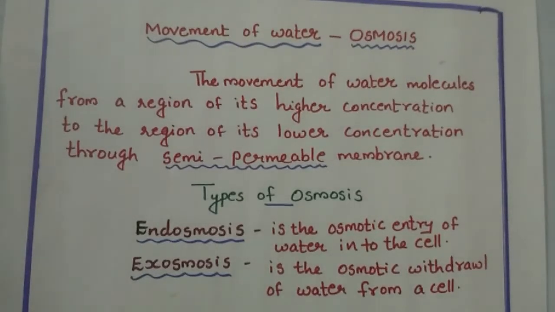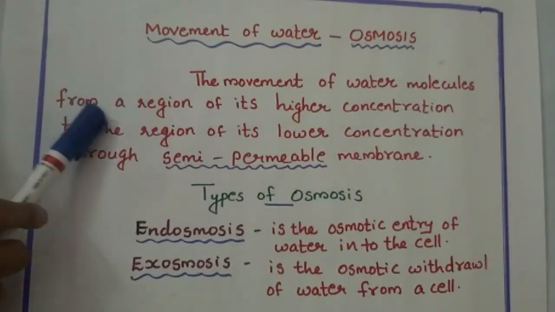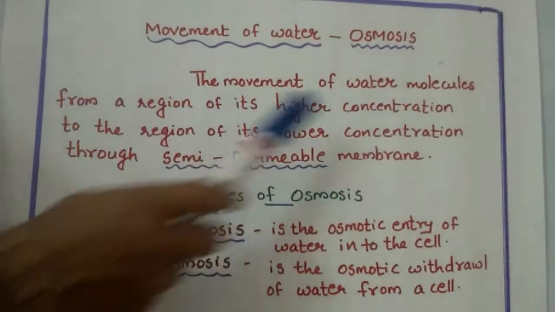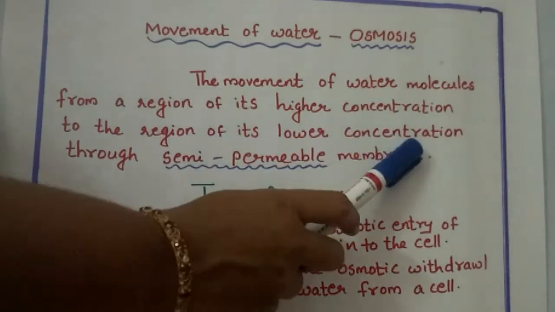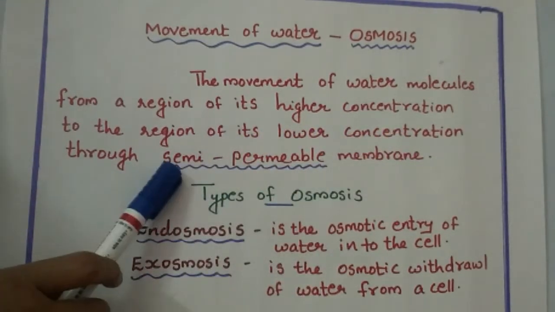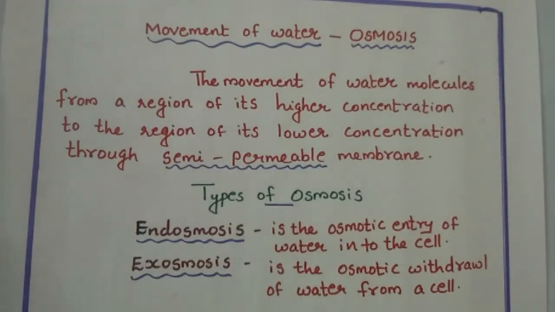What is osmosis? The movement of water molecules from a region of its higher concentration to the region of its lower concentration through a semi-permeable membrane, that is called osmosis. You know that plasma membrane is a semi-permeable membrane or selectively permeable membrane.